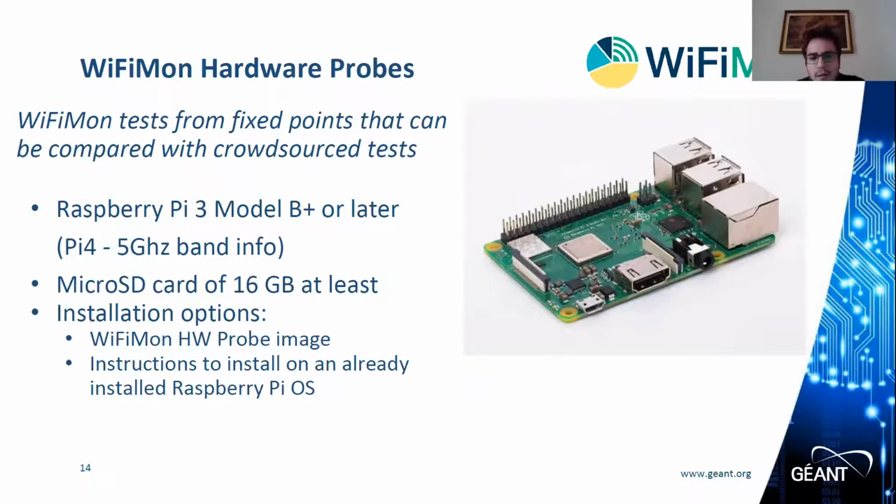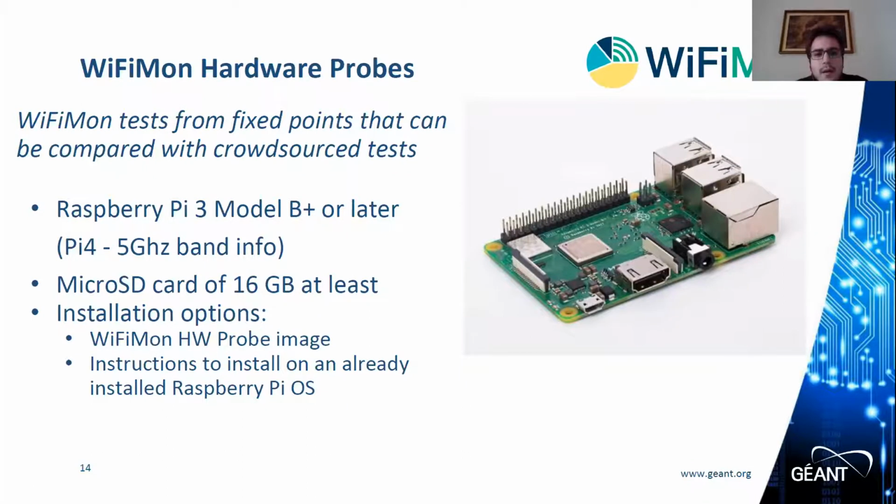You can install the hardware probes in two ways. Either include the required code to an already installed Raspberry Pi operating system, which is rather easy. It is two scripts, or you can get a pre-configured image from us and just edit the parameters.